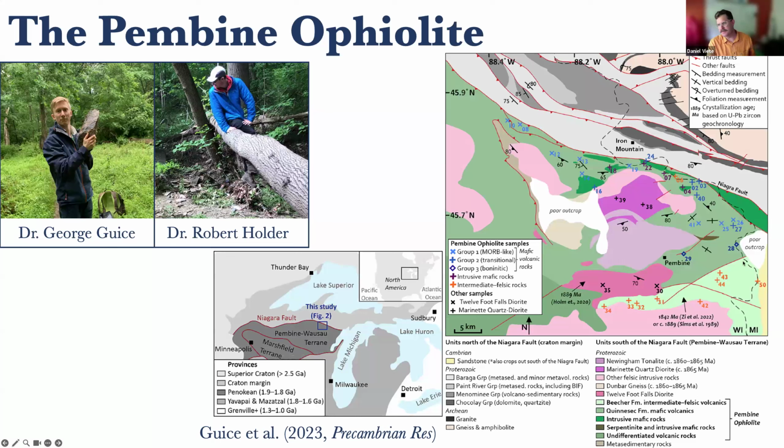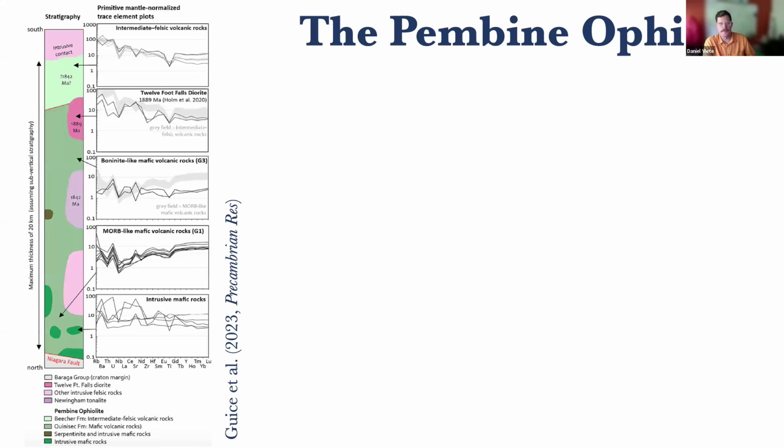So we sampled extensively within the area of good outcrop, and looked to characterize geochemical variation from the lower stratigraphic levels close to the Niagara Fault, which is thought to be the obduction thrust, to higher structural levels more distal around the town of Pembine, after which this package is named.